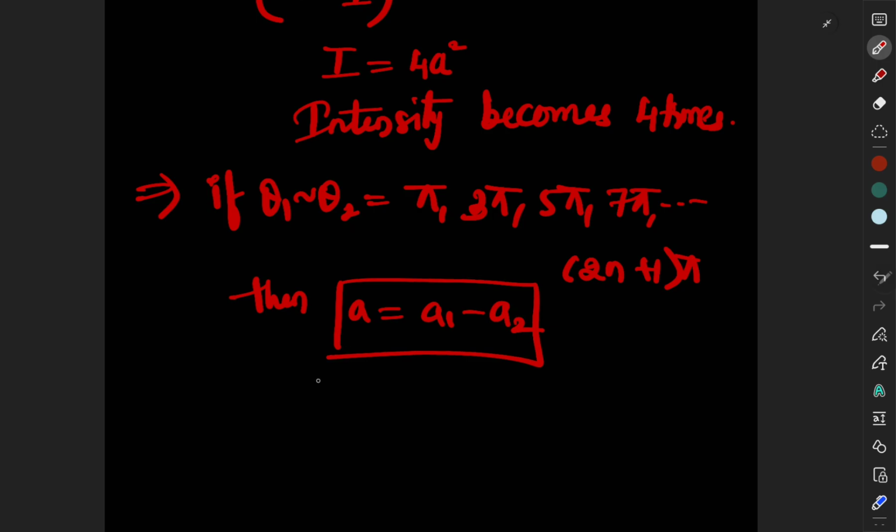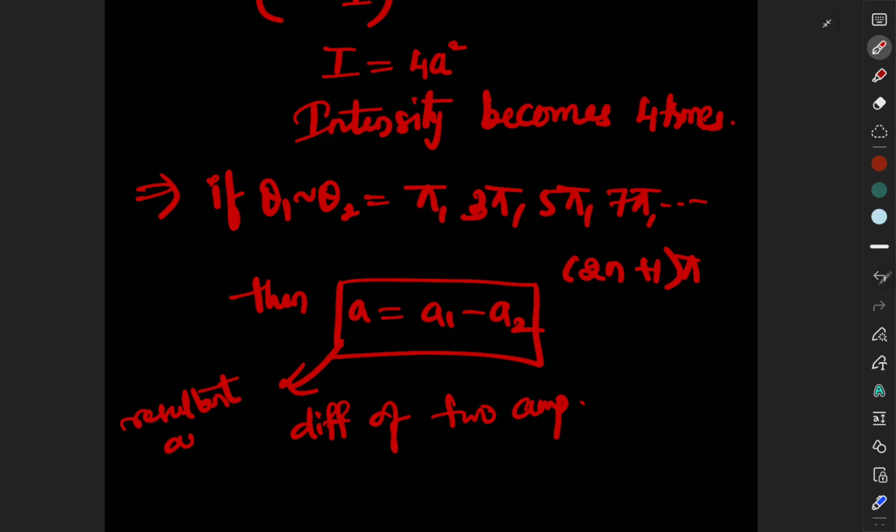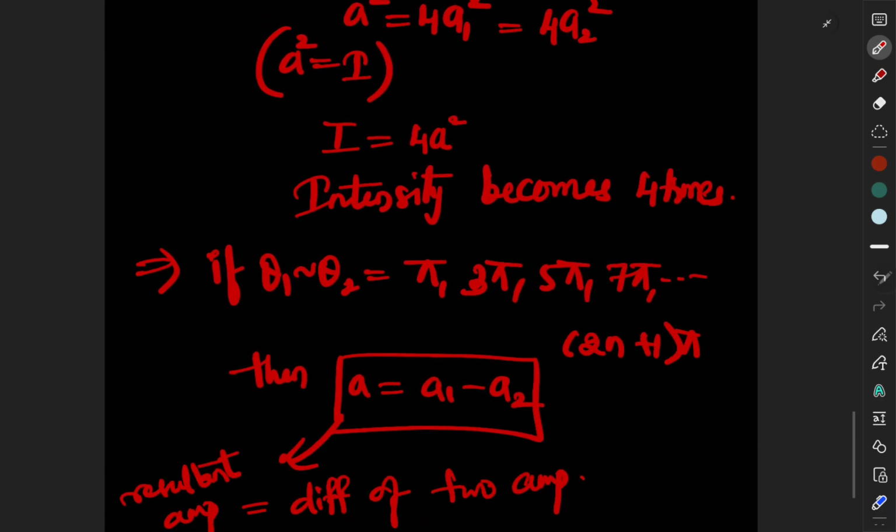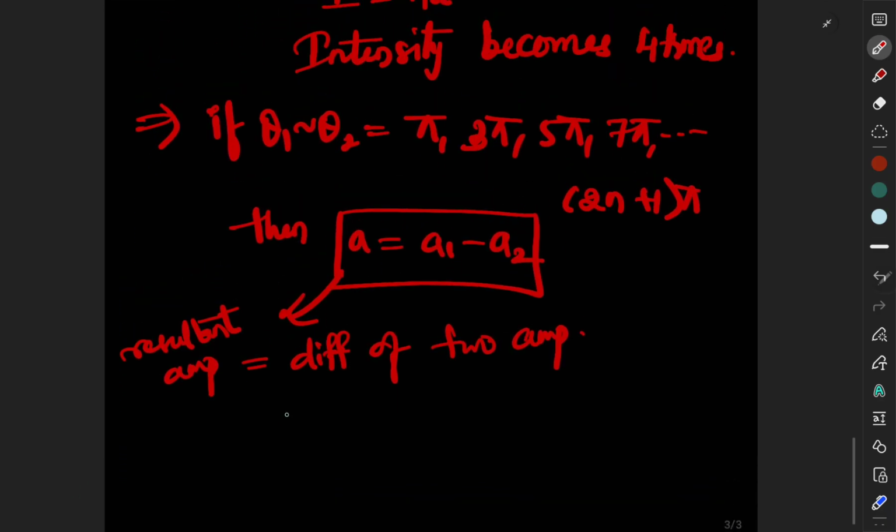That means the resultant amplitude is the difference of the two amplitudes. So which interference is this? Yes, this is known as destructive interference.